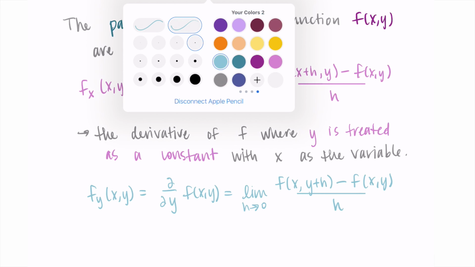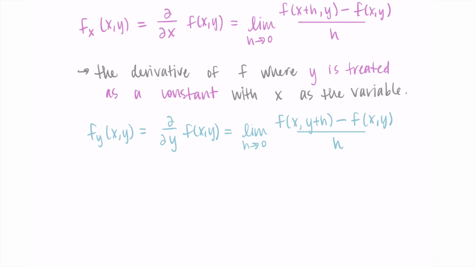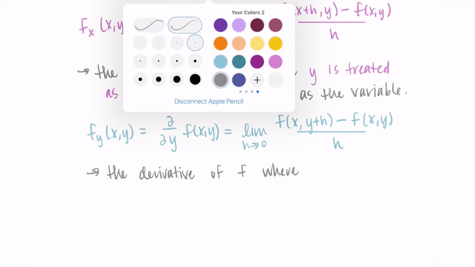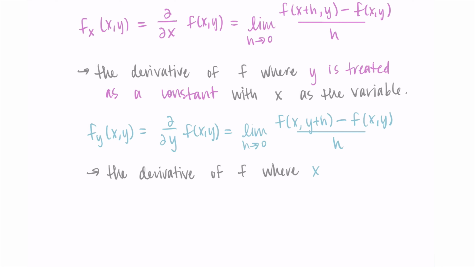Here we take the derivative of the function f, and we treat x as a constant. This can be a little tricky to do at first just because we're so used to thinking of variables as having multiple different values. But with some practice, it should not be too bad.